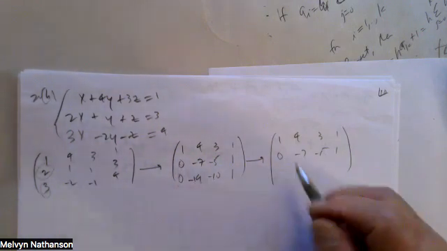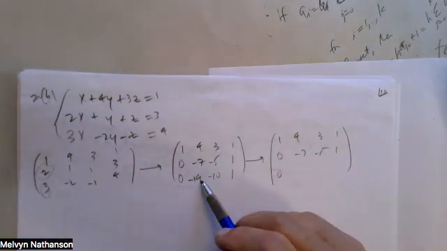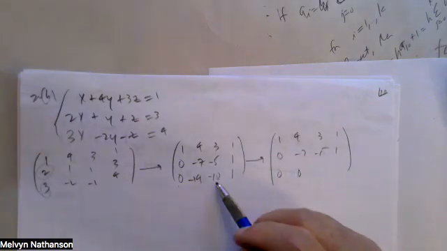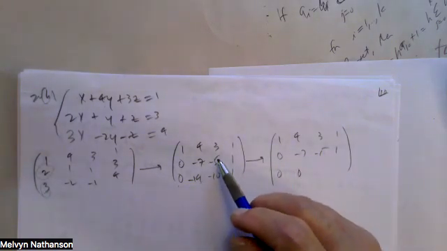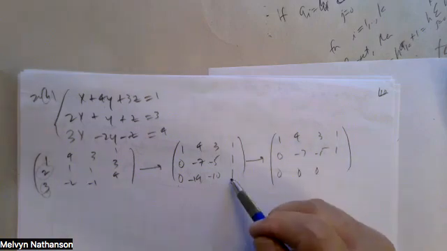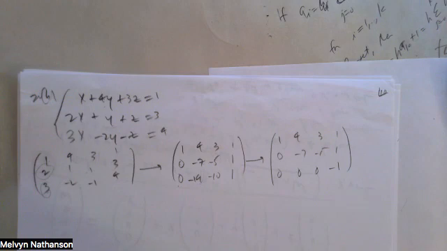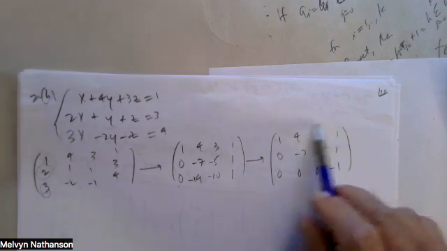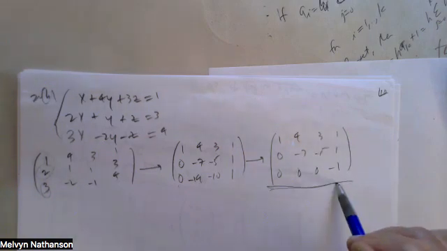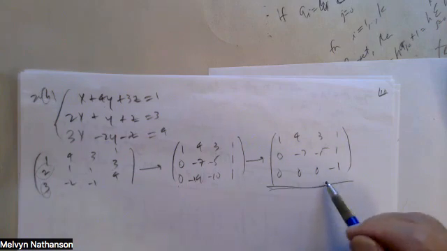I get 0, minus 14 plus 14 is 0, minus 10 plus 10 is 0, 1 minus 2 is minus 1. Now, these matrices are row equivalent.